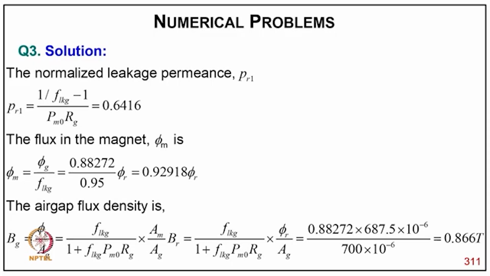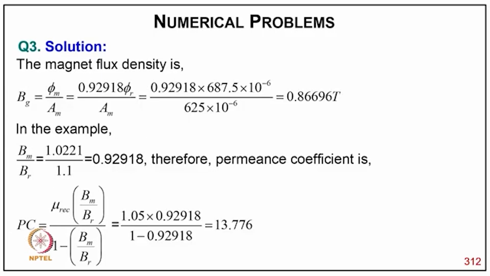So it's 0.6416, and the flux in magnet phi m equal to phi g upon f LK, and putting the value it comes 0.92918 phi r, and the air gap flux density Bg equal to phi g upon Ag, which becomes f LK Am Br divided by Ag times 1 plus f LK Pm0 Rg, equal to f LK phi r divided by 1 plus f LK Pm0 Rg into Ag. So it comes 0.88 Tesla.